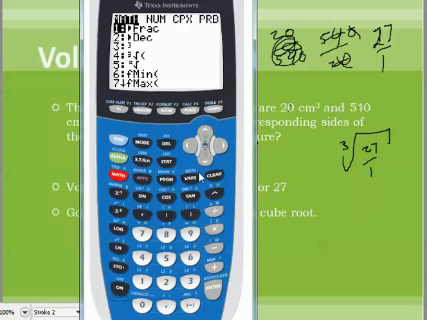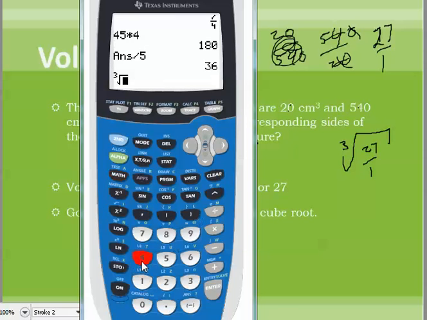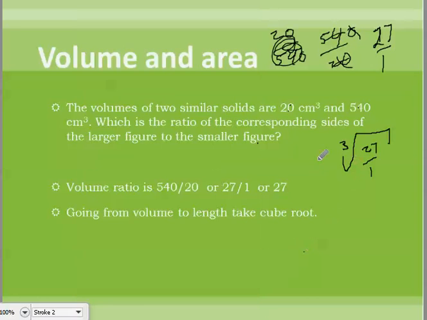If you press math and do a number 4, it gives you the cube root, and you can say parenthesis 27 divided by 1, and it will tell you that the cube root is 3. And so you're going to have a 3 to 1 ratio of sides. So when you take the cube root, you get 3.